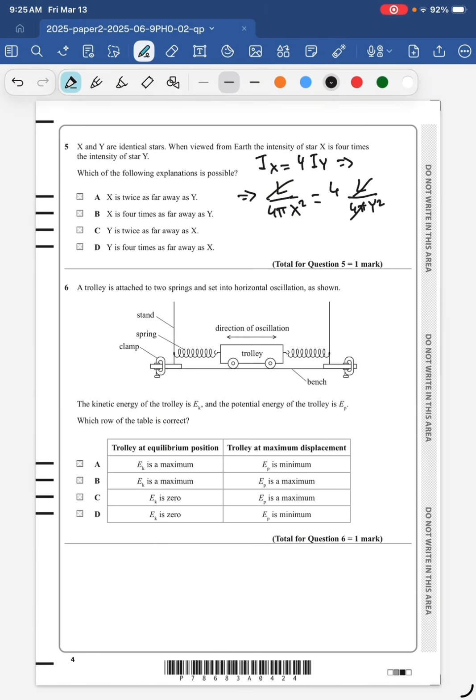And we immediately see that y squared is 4x squared. Therefore, y, the distance of star y, is 2 times the distance of star x, which is literally option C. Y is twice as far away as x, okay?